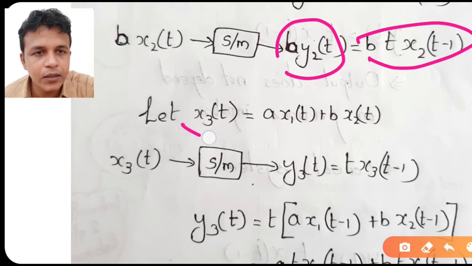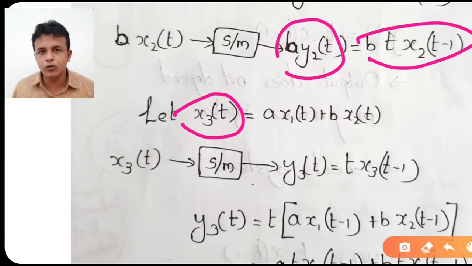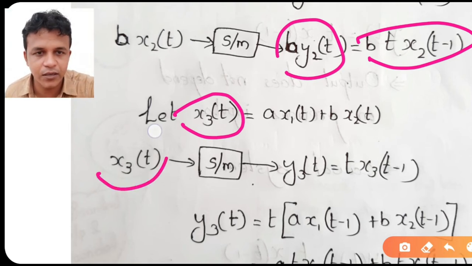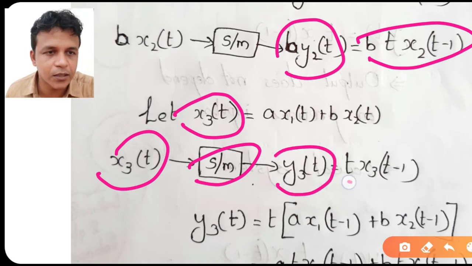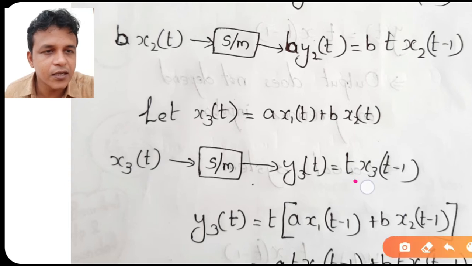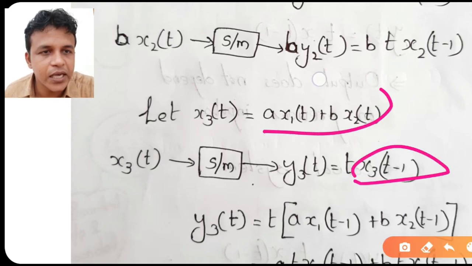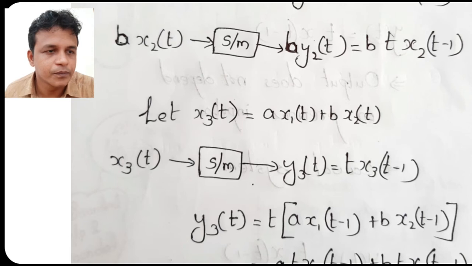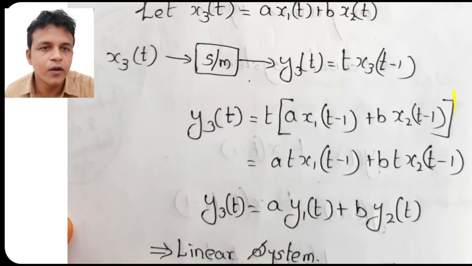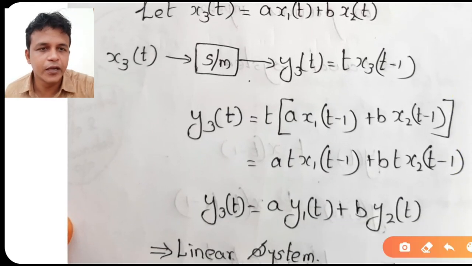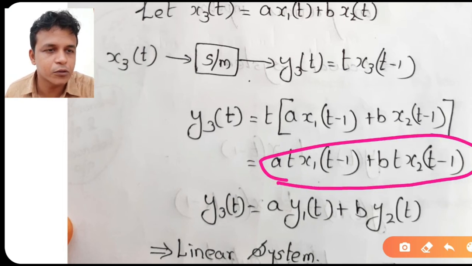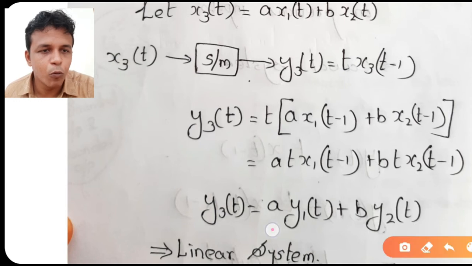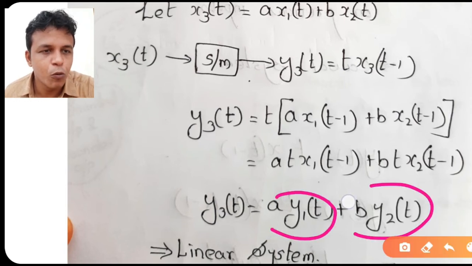Now, we are giving x3 of t as input to the same system. We will be getting the output y3 of t, which is nothing but t into x3 of t minus 1. Now, let us replace x3 of t by this equation and solve it. We get y3 of t equal to a into t into x1 of t minus 1 plus b into t into x2 of t minus 1, which means a into y1 of t plus b into y2 of t.